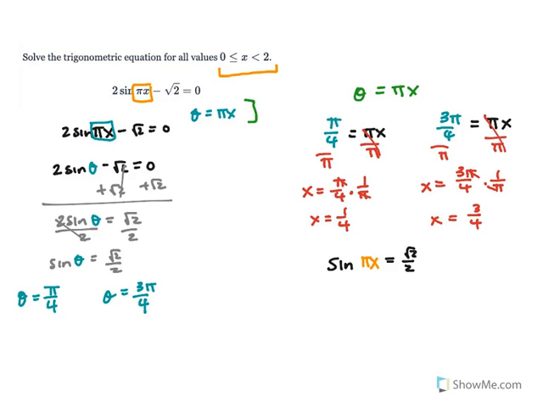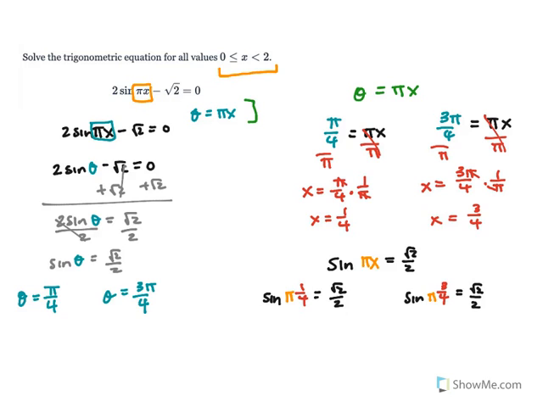And let's see what happens because of that pi. We're left with sine of pi times 1 over 4 equals the square root of 2 over 2, and sine of pi times 3/4 equals the square root of 2 over 2.